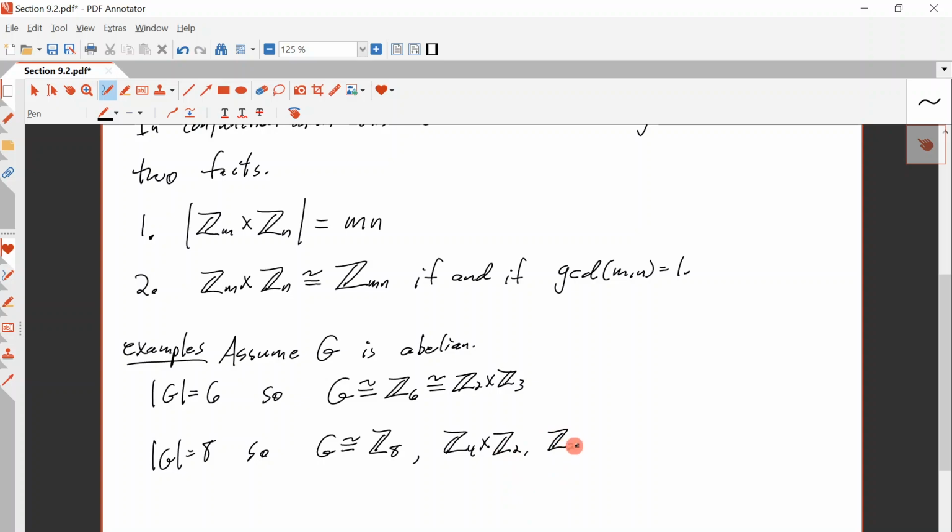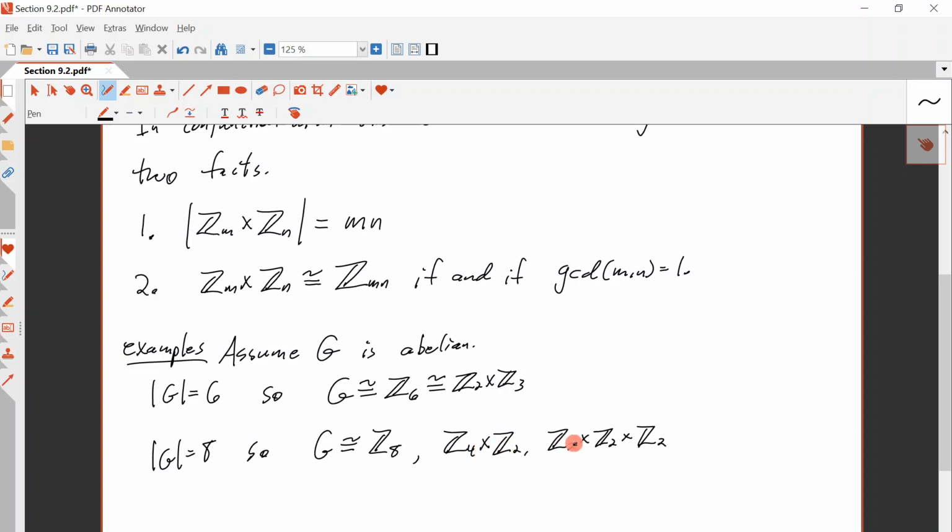And there's also Z2 cross Z2 cross Z2. Right? This has got order 8. It's got an element of order 8, cyclic of order 8. This guy is not cyclic, but it has an element, right? (1, 0) has order 4. And this guy, every element has order 2. Right? So every non-identity element has order 2.